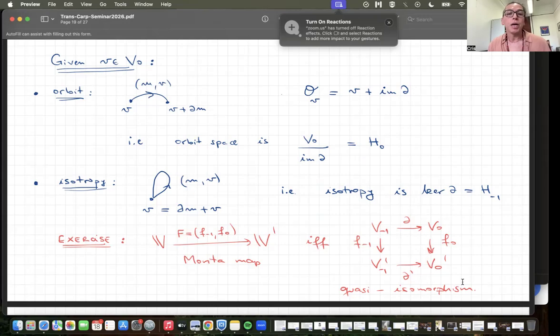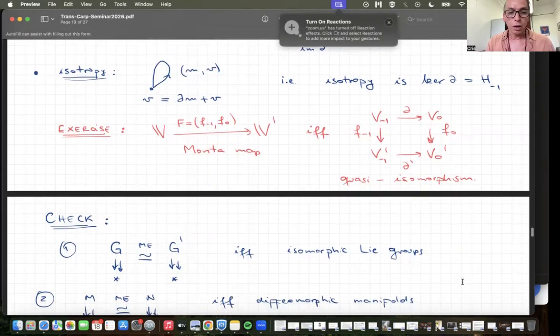So this is related to the first situation that I presented to you at the beginning of the talk. Identifying two-term complexes up to quasi-isomorphism is the same as identifying some groupoids up to Morita equivalence.